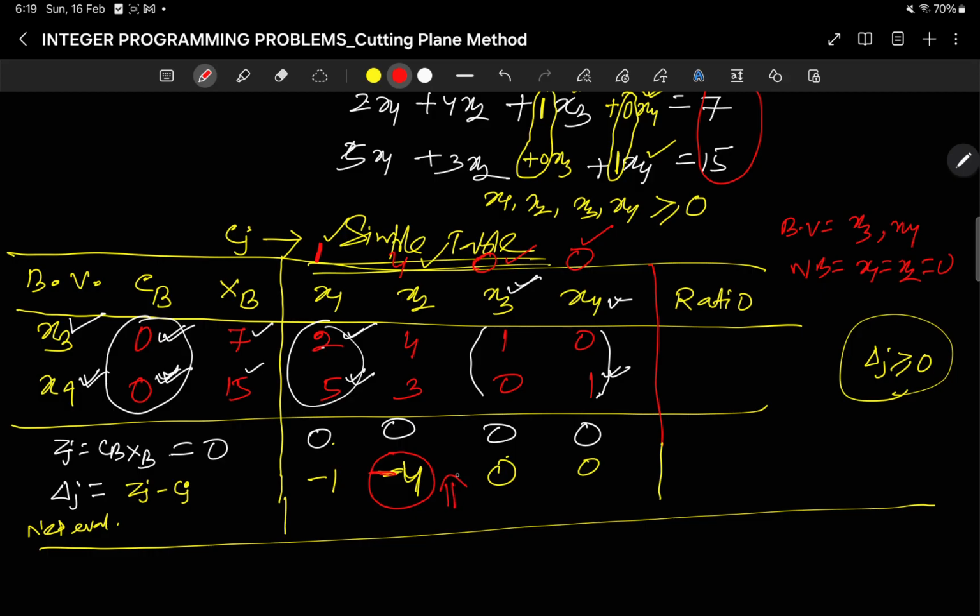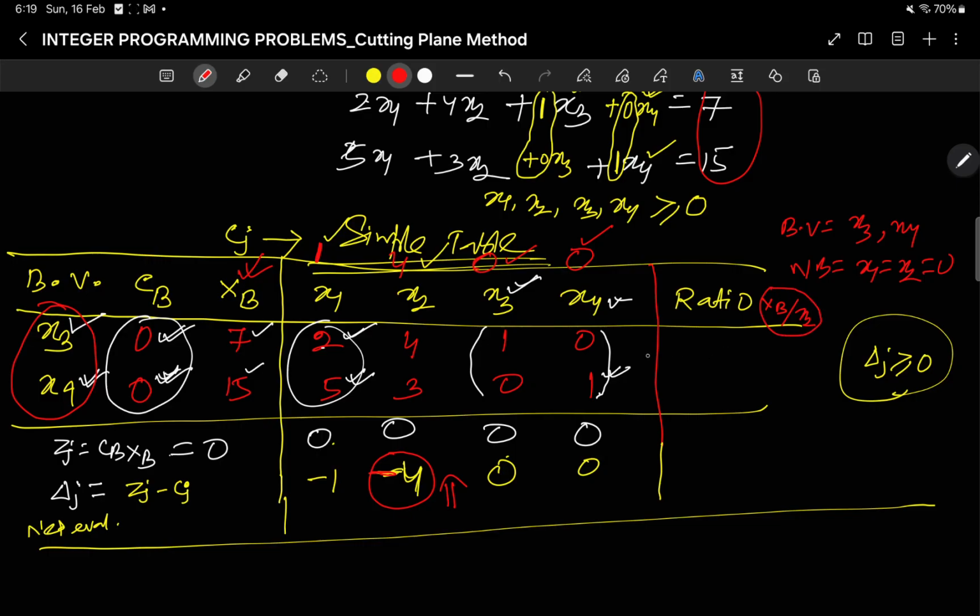This needs to be entered means x2 will enter the base. x2 will come to this position. Once x2 enters, one has to leave the base. So we have to find the ratio here. The ratio is the solution column xb divided by the entering column x2 with strictly positive denominator.